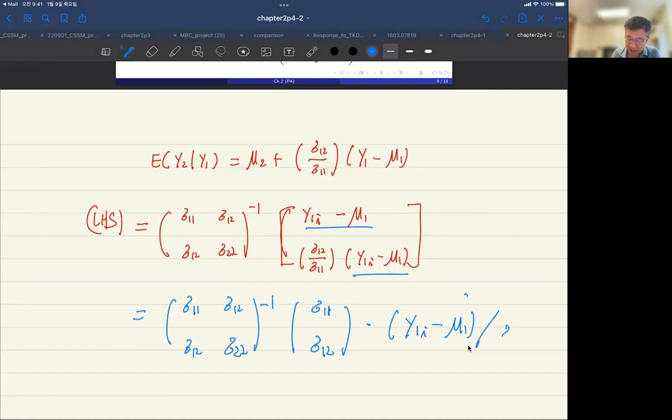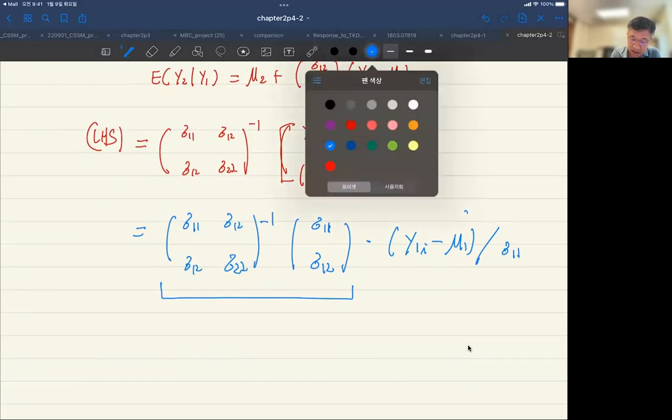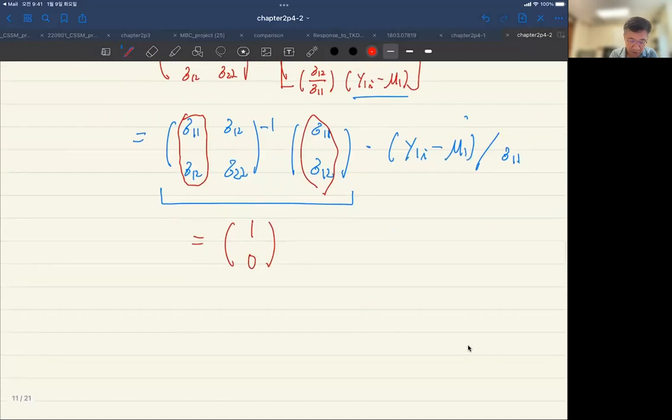And this is nothing but the first column of this matrix, right?